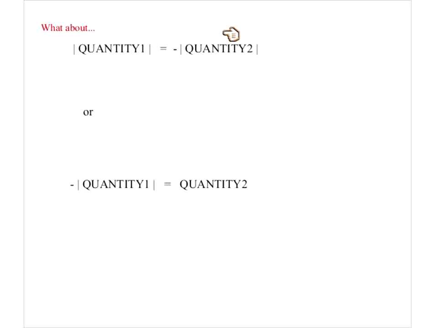If you have this one, this is impossible unless both of these quantities are 0. Because this is an absolute value, which means this is either 0 or above. So again, let's take some small type. This is either 0 or higher.